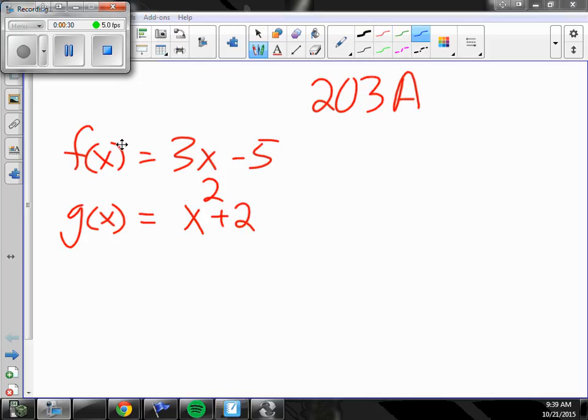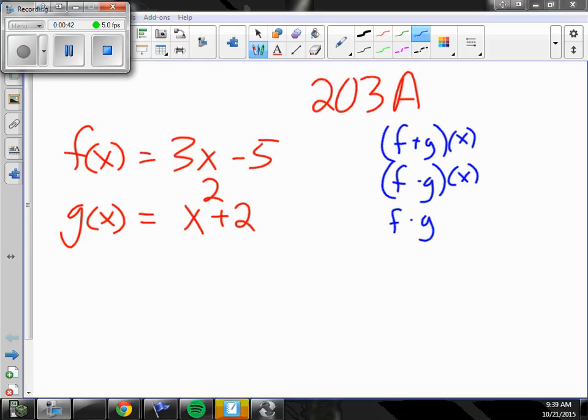And the instructions say perform f plus g of x, f minus g of x, f times g of x, and f over g of x.